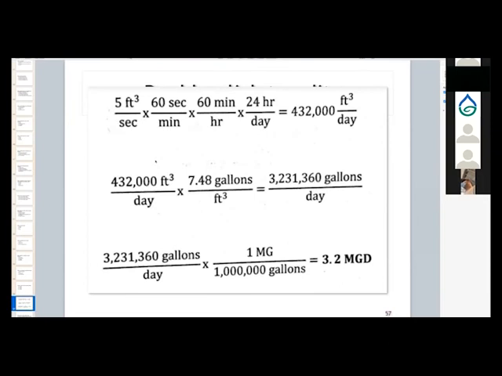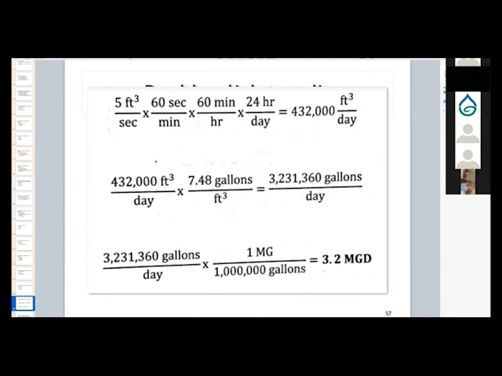So you've got your 5 cubic feet per second, and you're doing your time conversion up top: 60 seconds in a minute, 60 minutes in an hour, 24 hours in a day. So you get 432,000 cubic feet per day.